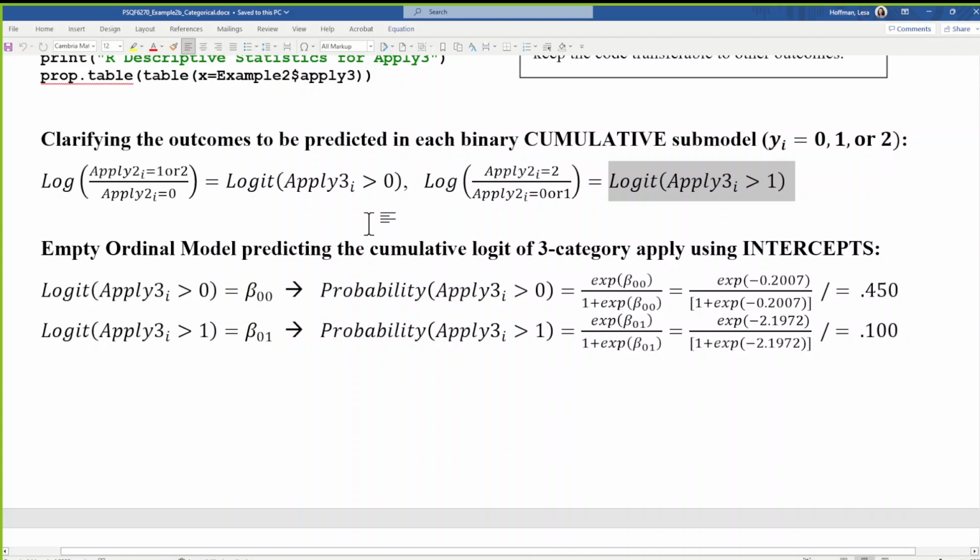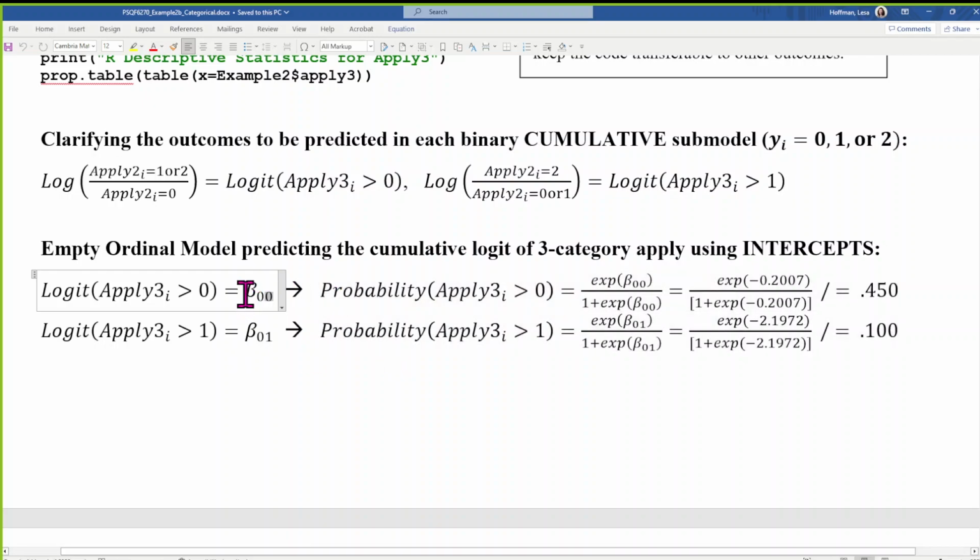So the empty model then, if we understand what's happening, the empty model has an intercept, so 2 beta zeros, 1 for the submodel labeled 0, 1 for the submodel labeled 1. I went with 0 and 1 because greater than 0, greater than 1. I wanted these to match.